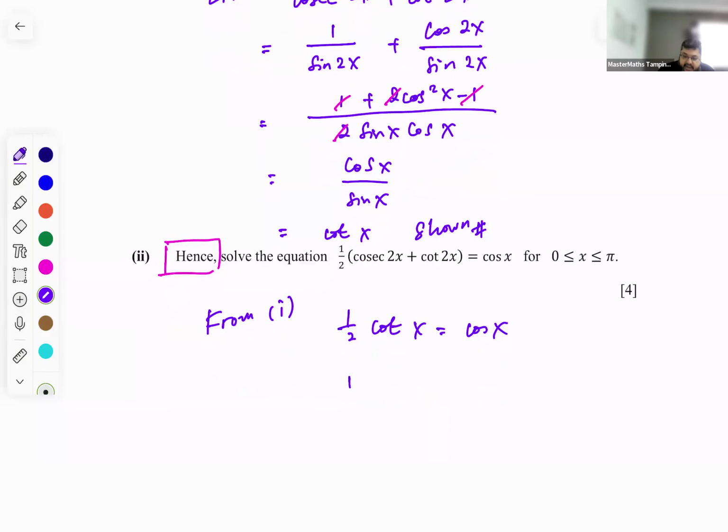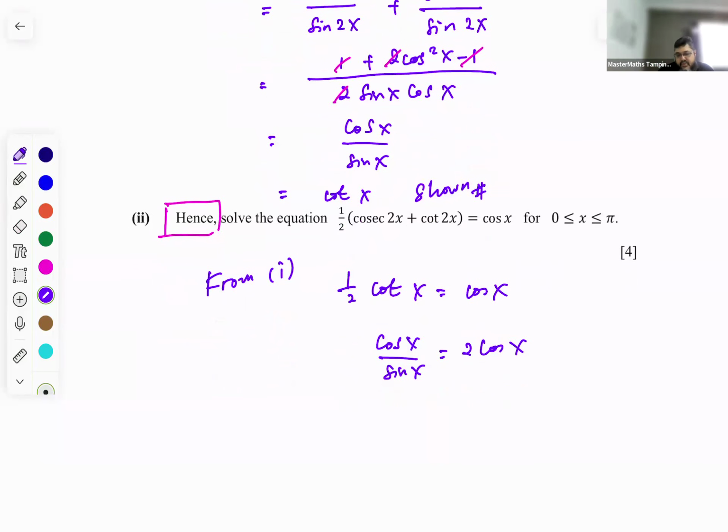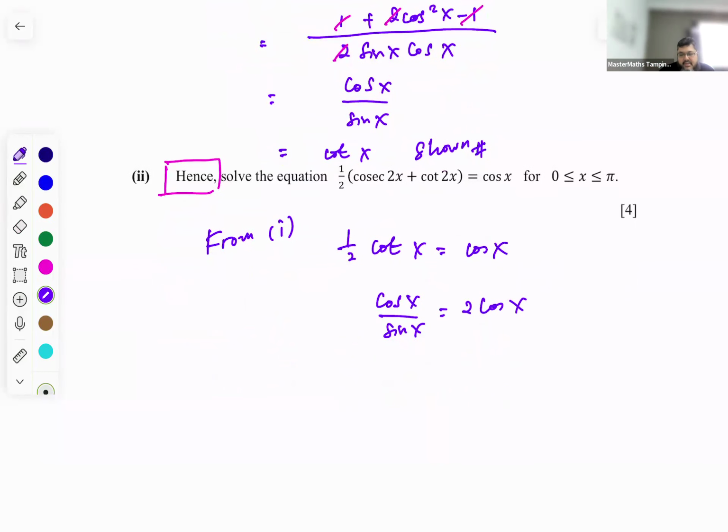And you know that half, this is what? Cosine x over sine x is now equal to cos x. Can I make my life a bit easier? Can I just bring these 2 over so that it becomes 2 cos x? The half, bring it over. So you don't need to have multiple steps.